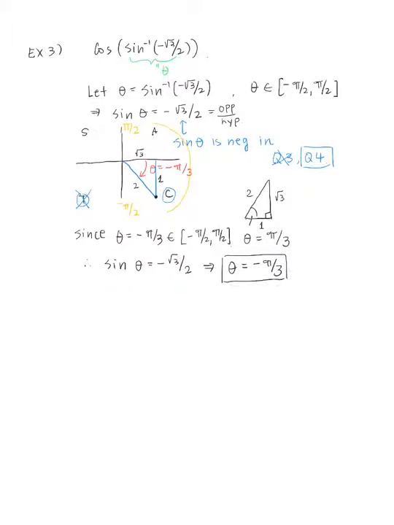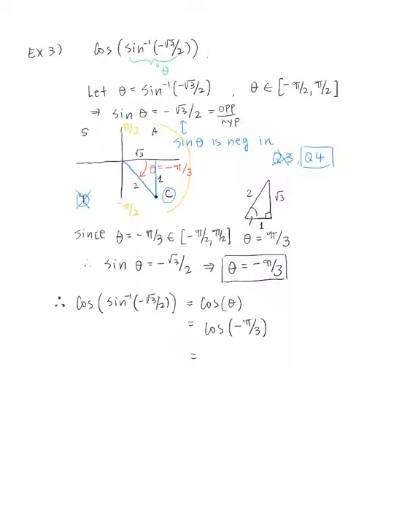All right, so what do we got so far? So therefore, cosine of sine inverse of negative square root of 3 over 2 is nothing but our cosine of theta, which is cosine of negative pi over 3. Now I'm going to use the even and odd properties for the cosine.